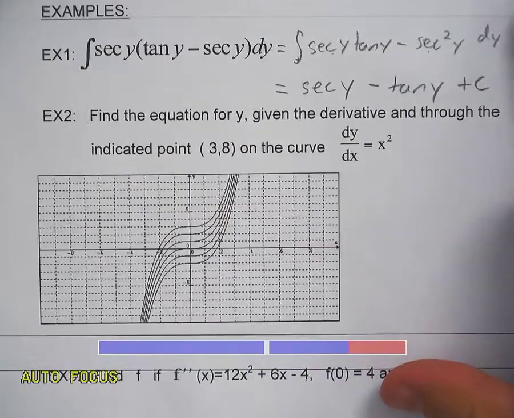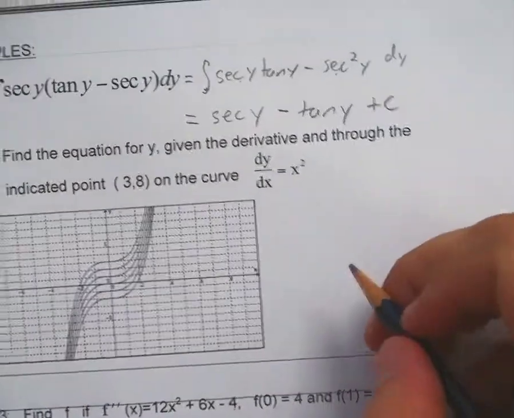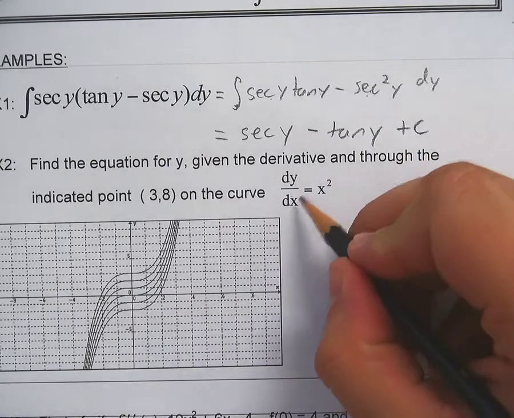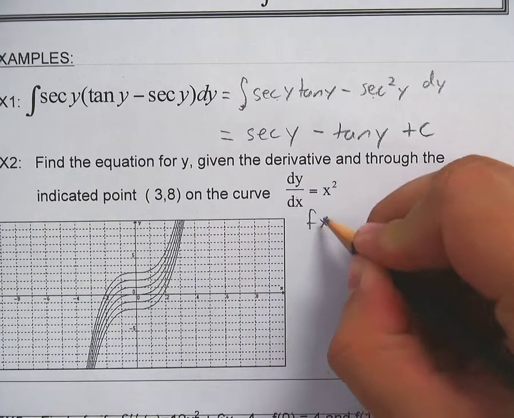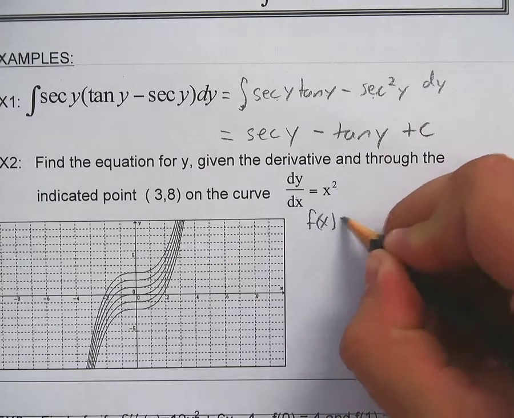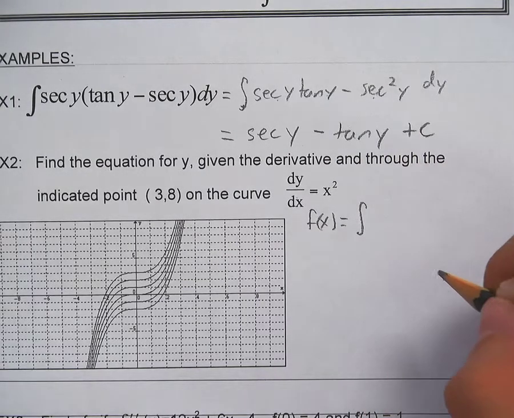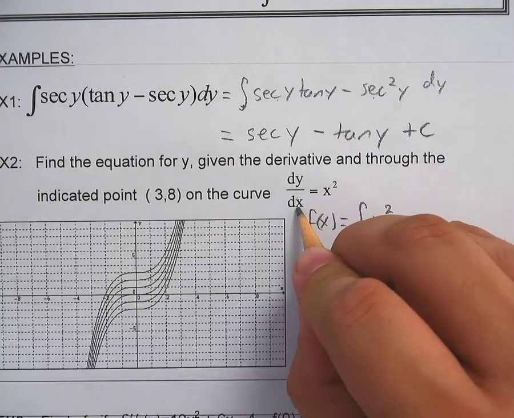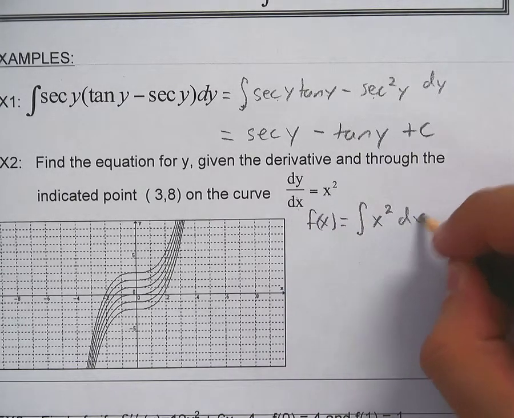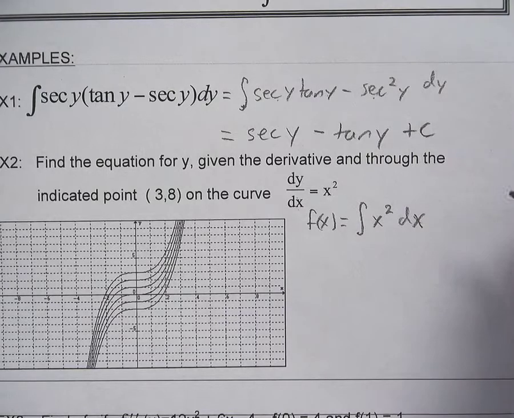Let me go in on this one. Here's the derivative. It's x squared. So that must mean that the function is the antiderivative of x squared with respect to x. Right?